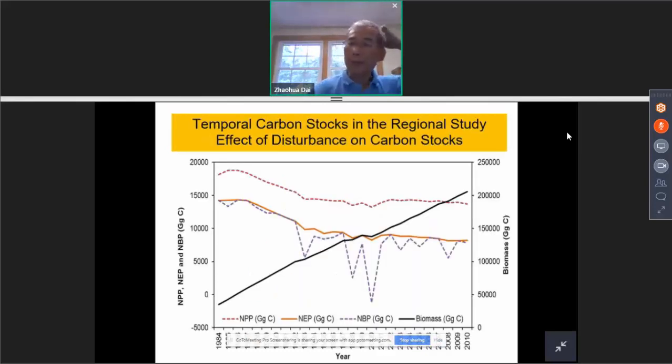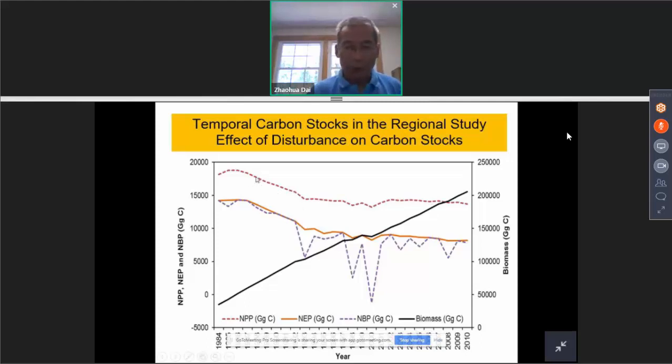Then we summarize for the whole Lhasa area, the totals. We can find that biomass accumulation increased from 1984 to 2010.